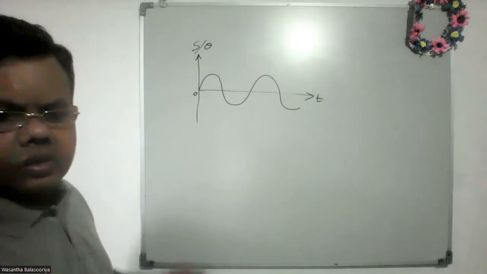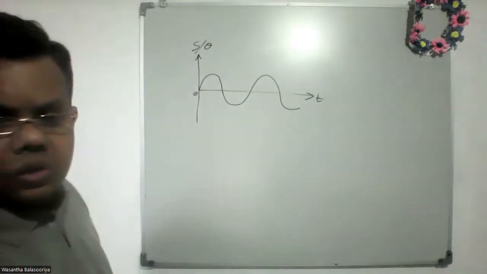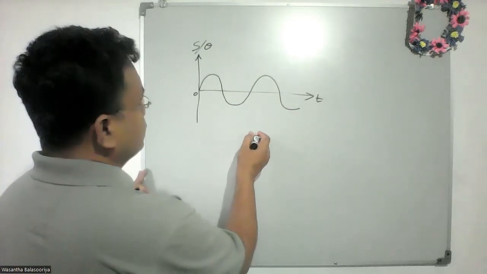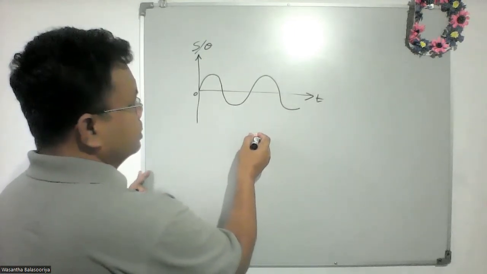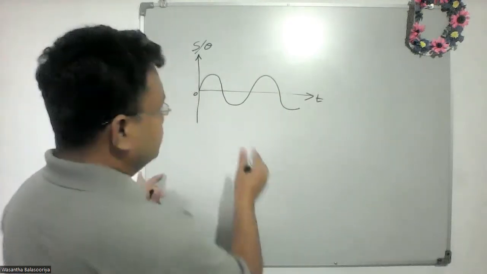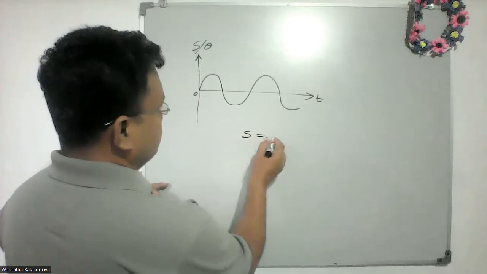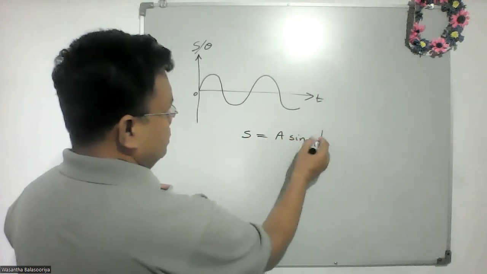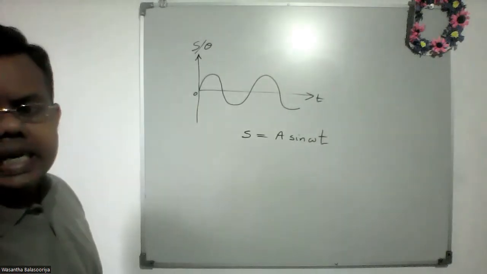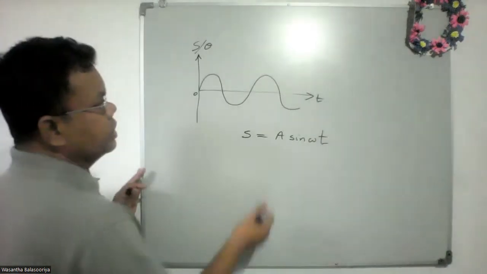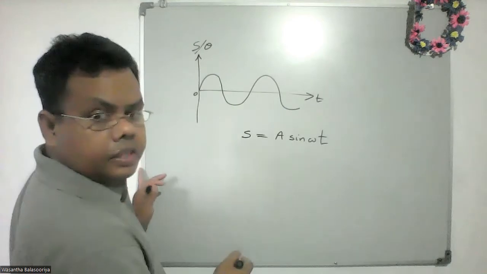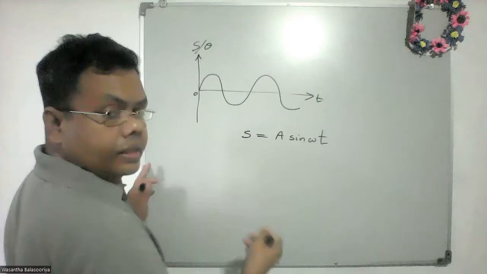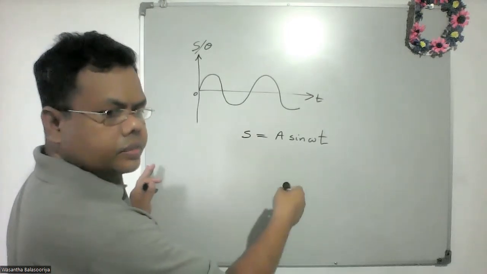The equation of this type of curve can be expressed as s equals A sine omega t, where s is the displacement, s or theta, as the case may be.